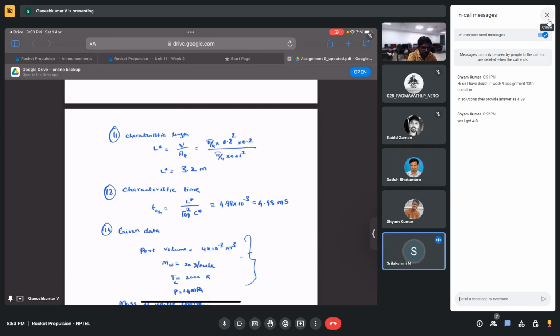I think a little bit of confusion is that in this problem both actual C star and ideal C star are given, or rather we found one. So wherever C star was involved, I had confusion on which C star to use, actual or ideal. I have mostly used the actual, and that has given me wrong answers, like Shyam's 4.88, so my answer also deviated.